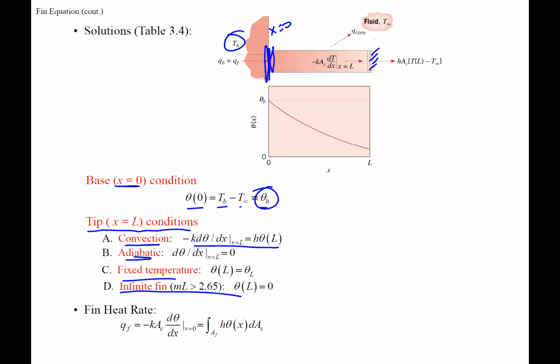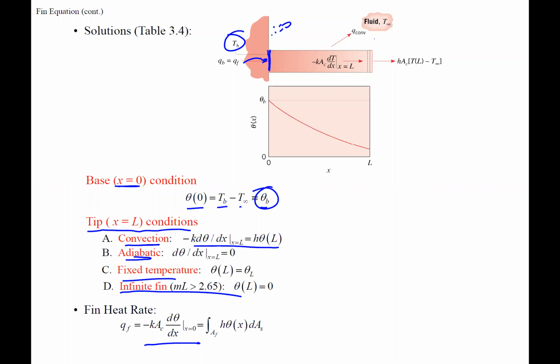Okay. All right, so then the two ways of getting the heat rate is basically if we look at this surface right here, we do Fourier's law. Right at that surface at x equals 0, we can take the derivative of theta and just multiply times k times A_c, and we get the convection that's going through that surface right there.